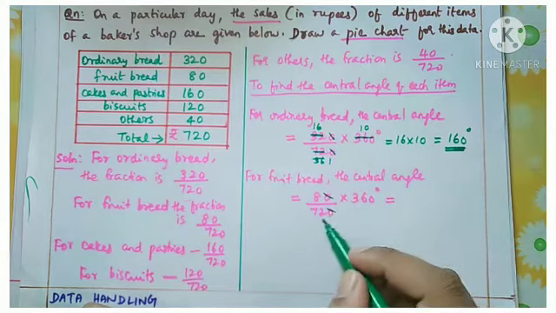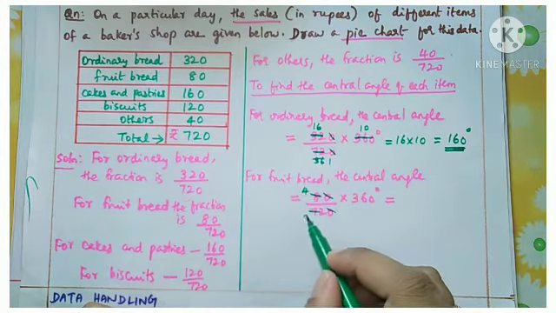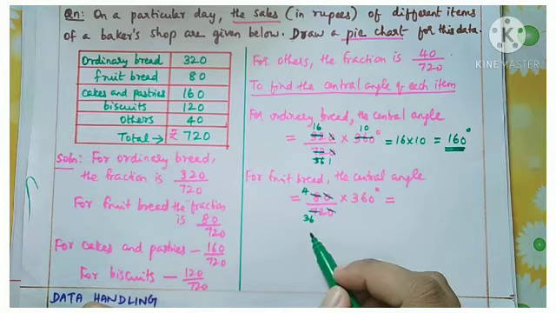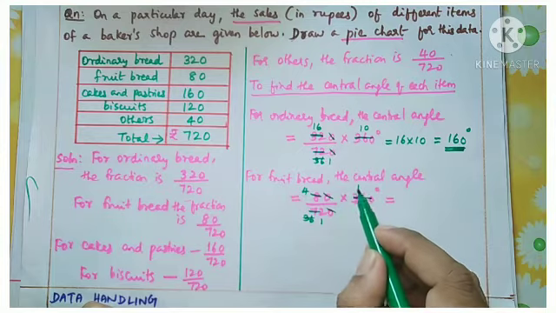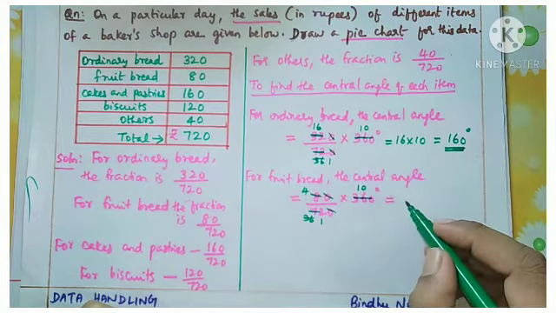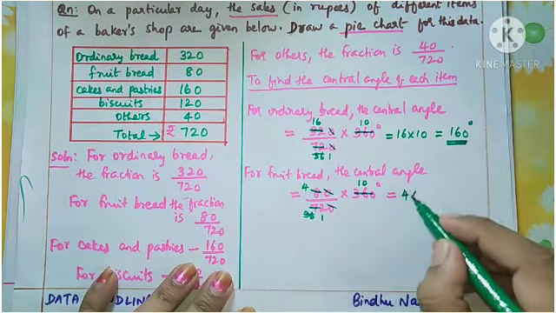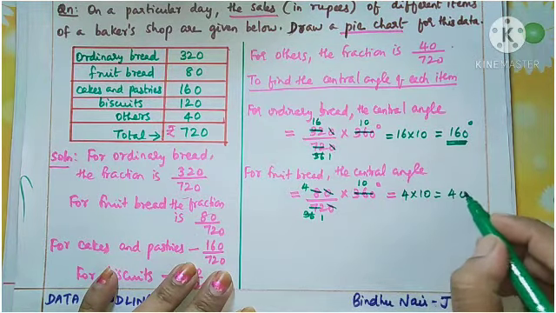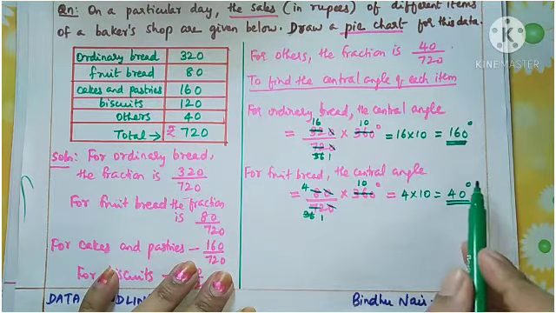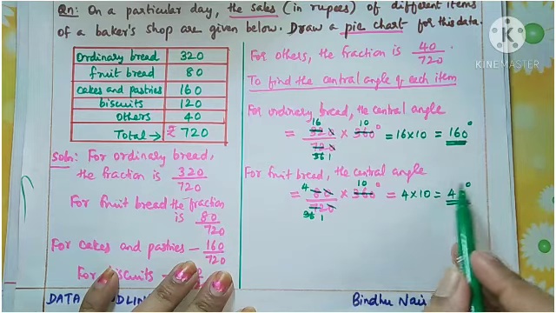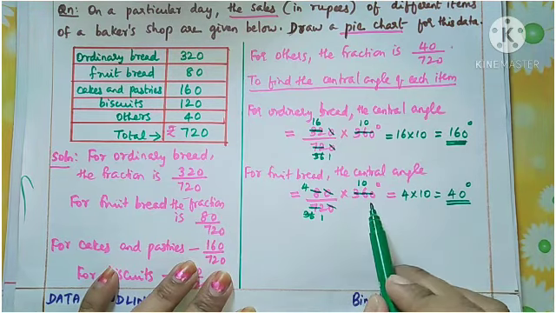Okay, then 4 2s are 8, 3 2s are 6, 6 2s are 12. Again you got the same 136. Here also 136 0. So you got 4 into 10. That is 4 into 10 means 40 degrees. So you see 40 degrees is the part of the fruit bread sector angle out of this 360 degree.